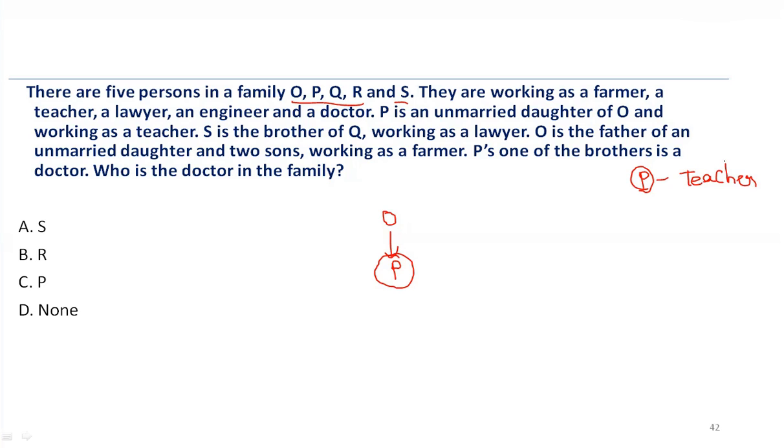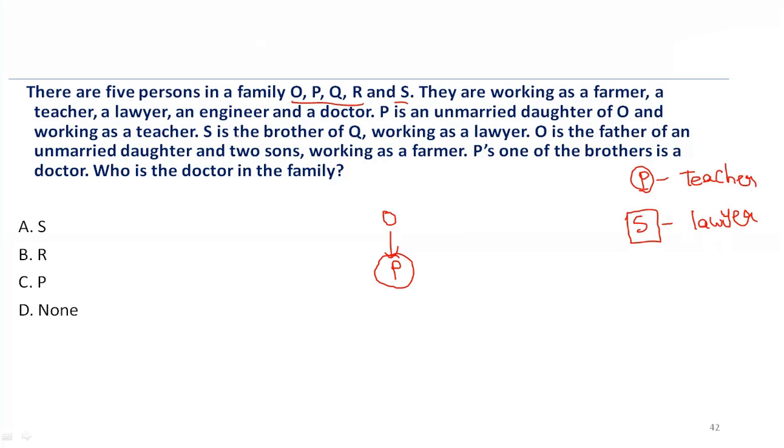That means you can confirm the lawyer is nothing but S. So they were telling 2 things about S. S is the brother of Q and also S is the lawyer. S is the brother means S will be a boy. We don't know where is S and Q. Once the position of S or Q is fixed here, we can write that in this tree diagram.